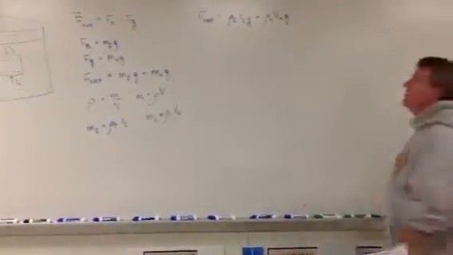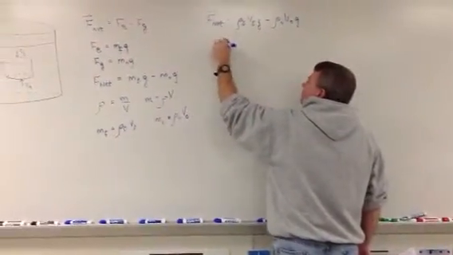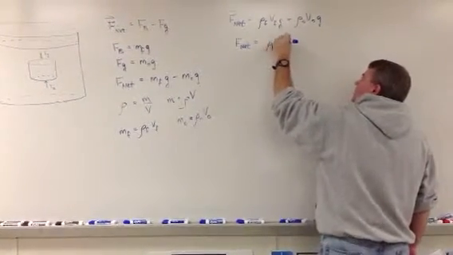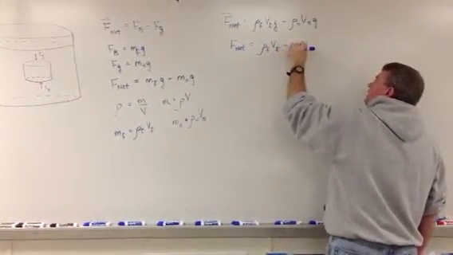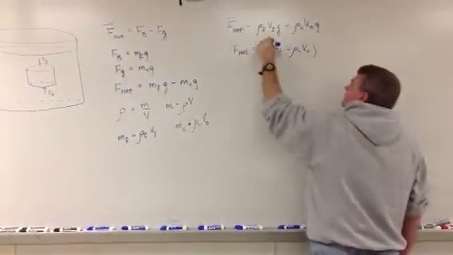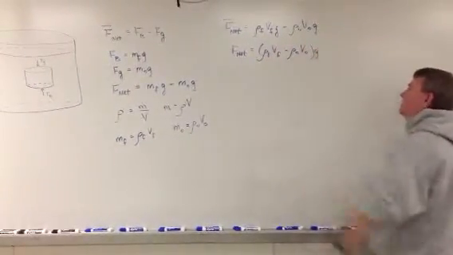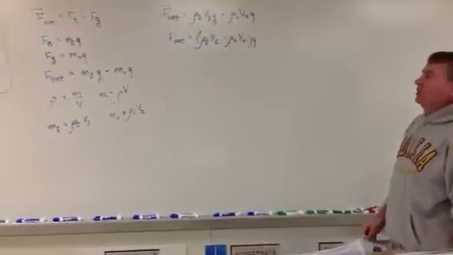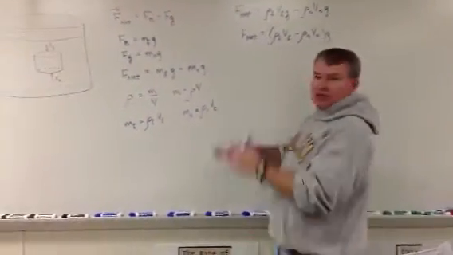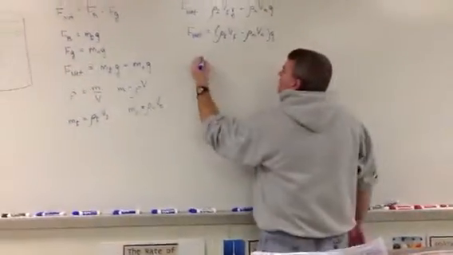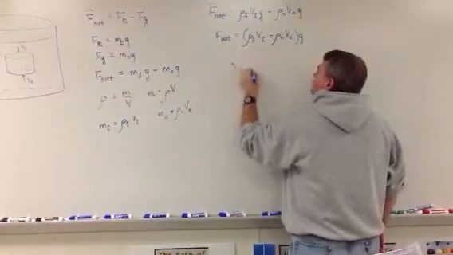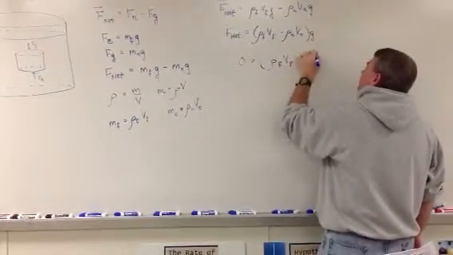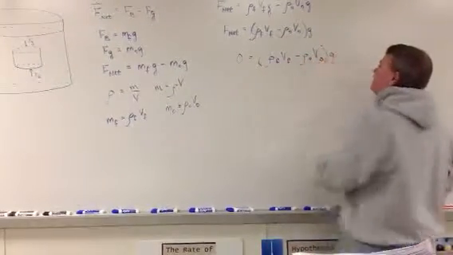We're going to factor g out. So the force net acting on the object is (rho_f V_f minus rho_0 V_0) times g. And that's the net force acting on the object suspended. Now, let's say that that net force is equal to 0 and it's not moving anywhere. 0 is equal to (rho_f V_f minus rho_0 V_0) times g.